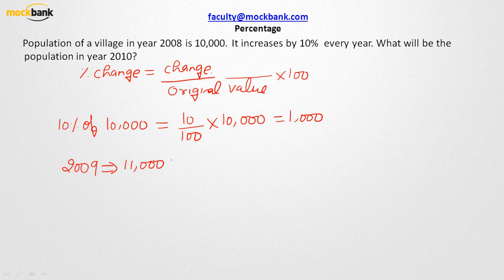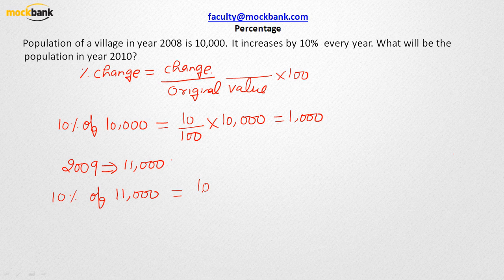Now from 2009 to 2010 the population will increase by 10%, and what is the original value over here? The original value over here is nothing but 11,000. It is not 10,000. That is where we need to be very much mindful. So if we are trying to find out what is going to be 10% of 11,000, can you find it out very quickly?